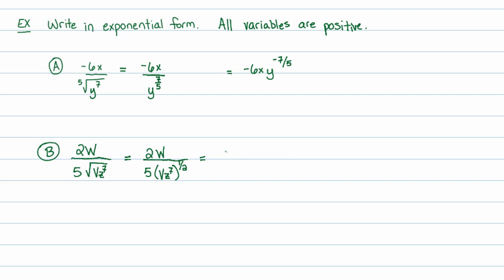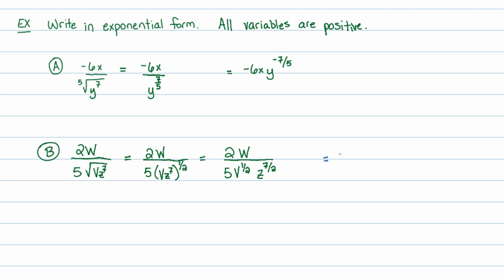The numerator still remains as 2W. The denominator is 5, V to the 1/2, and then Z to the 7/2. That's using the law of exponents that I can multiply powers to powers. And that would be the answer, unless you really want to write your answer using negative exponents, which is absolutely fine. You can.